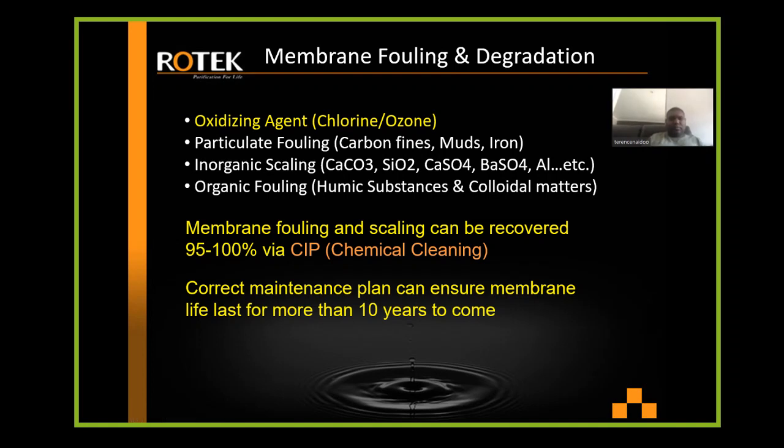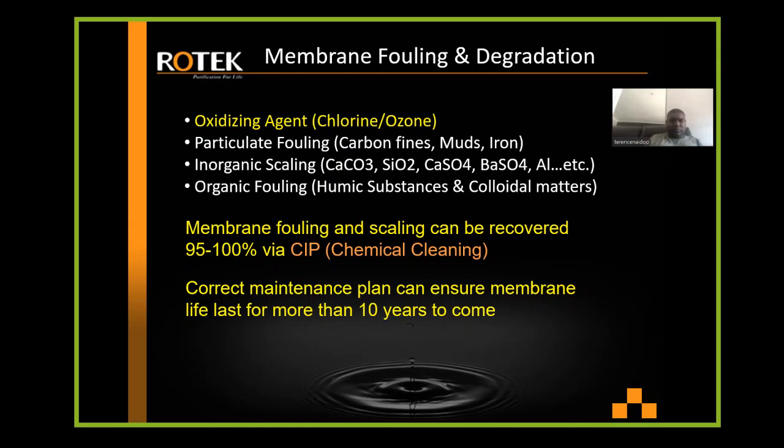Yes. So here are the membrane fouling and degradation reasons. There are only 4 reasons. Oxidizing agent. The reason I mark it in yellow is because this is the only thing that will permanently damage the membrane.